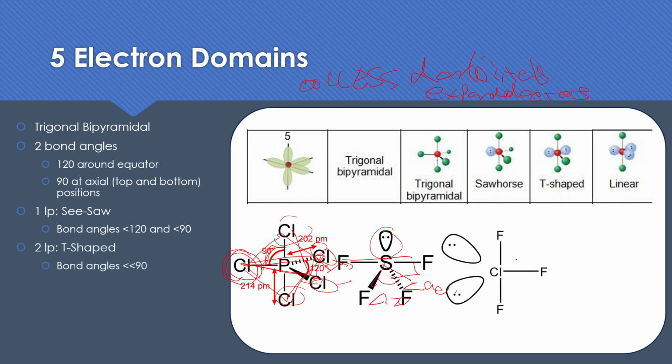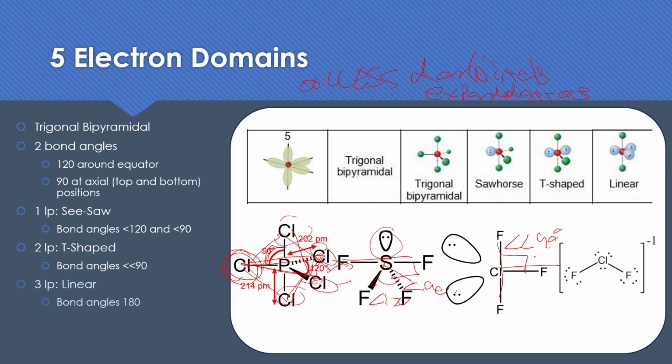Then you have T-shaped. This one's pretty obvious. It's a T. This bond angle we just call less than 90. The reason is you don't know exactly what the bond angle is going to be, it's going to depend on the compound, but we know it's going to be smaller. They're going to have smaller bond angles than a seesaw, and that's going to have smaller bond angles than a trigonal bipyramidal.